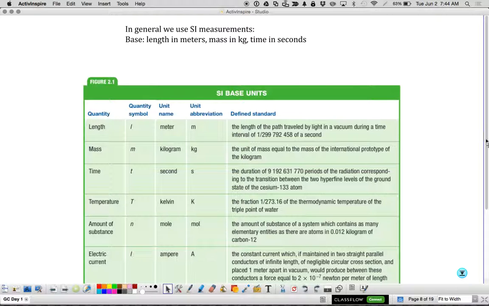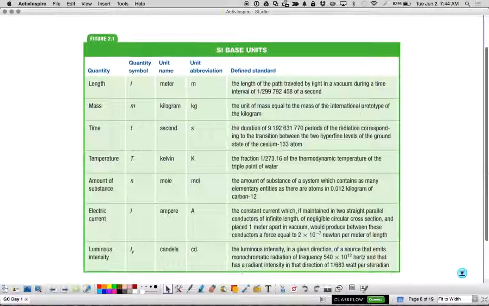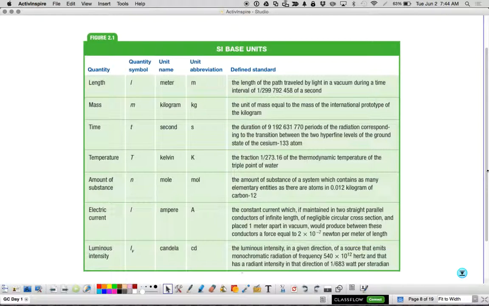And so you saw this table in your textbook, and we have the quantity here is a length, and the unit is the meter, and then the abbreviation is m, the length of the path traveled by light in a vacuum during a time interval of 1 over 299,792,458 of a second.